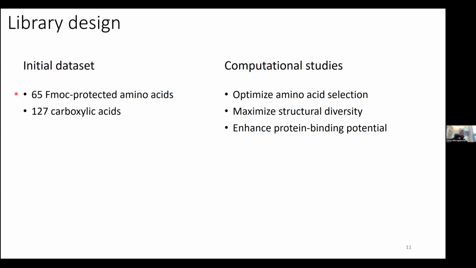So we went through our database and we managed to find 65 FMOC amino acids and 127 carboxylic acids that had really interesting structures. And then after having a conversation with colleagues that are doing computational chemistry, they said that we can try and optimize this selection of building blocks.